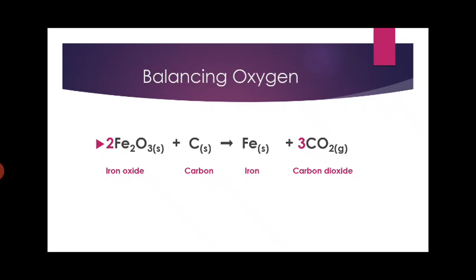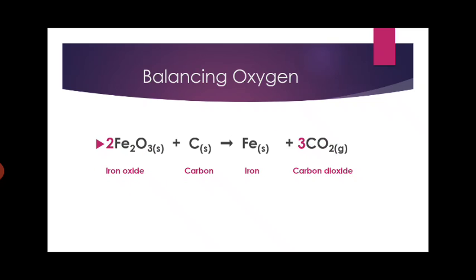To do this, we choose the common multiple that gives an equal number of oxygen atoms on both sides. Here we have 3 oxygen on one side and 2 on the other. So we multiply this oxygen compound with 2 and the carbon dioxide with 3.